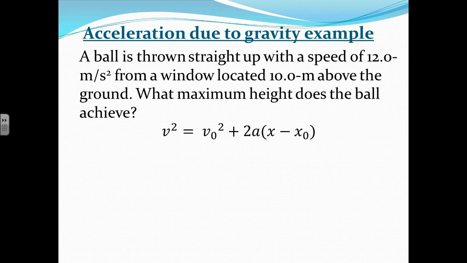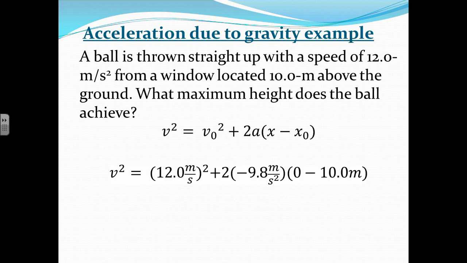And lastly, they want to know what velocity this ball achieves when it reaches the ground. Again, I have another typo in my notes. We'll use the equation velocity squared equals initial velocity squared plus 2a times change in position. Substituting in for this, we find that velocity squared equals 12 meters per second squared plus 2 times 9.81 meters per second squared times our change in position.